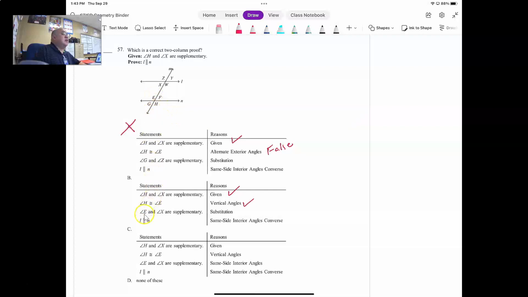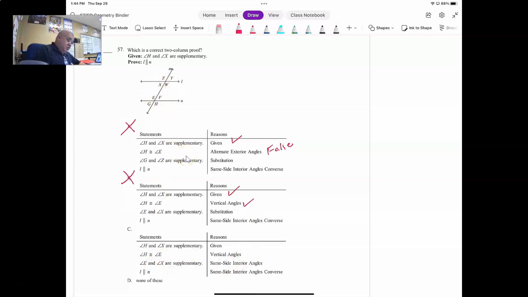They're saying that angle E and angle X are supplementary, but it's not because of substitution, so it's not going to be B. Now, we do know that E and X are same side interior angles, and we know that they're supplementary.